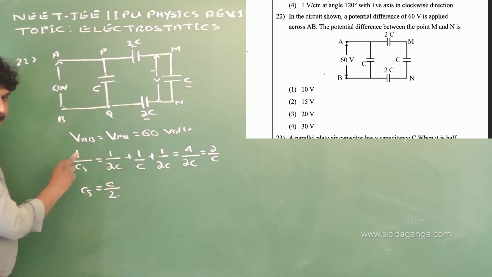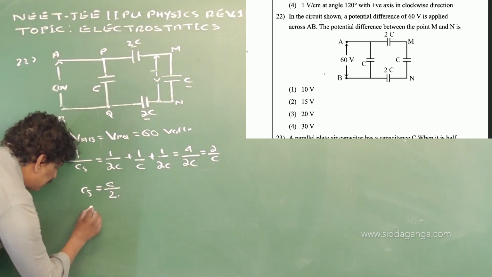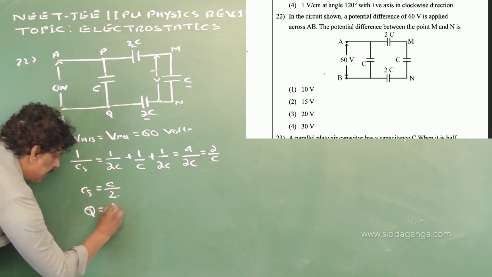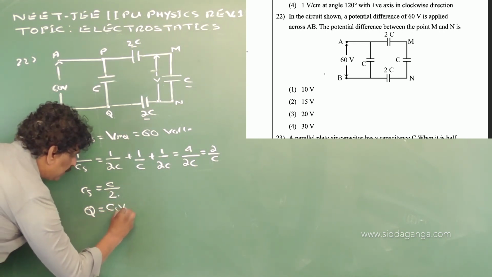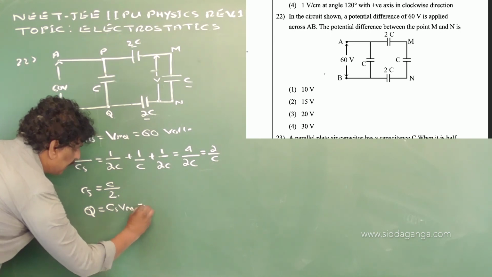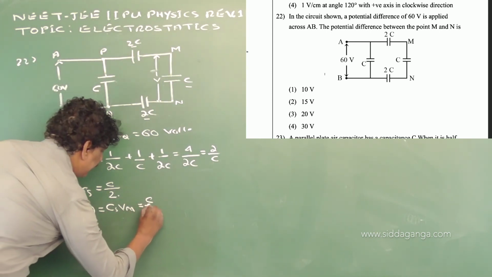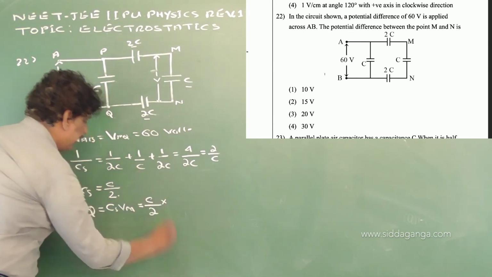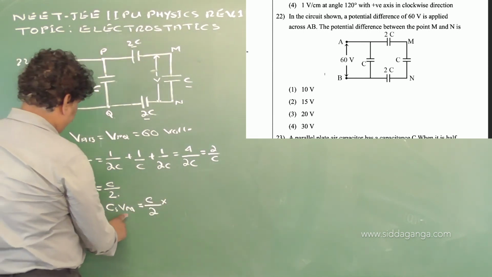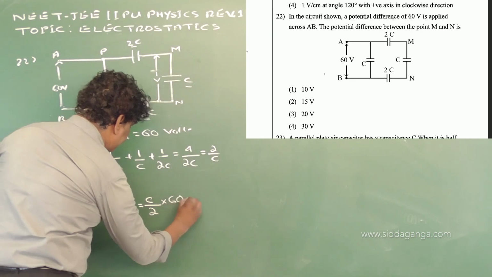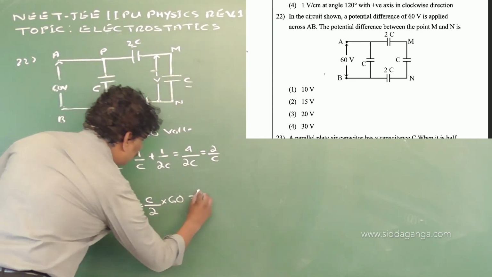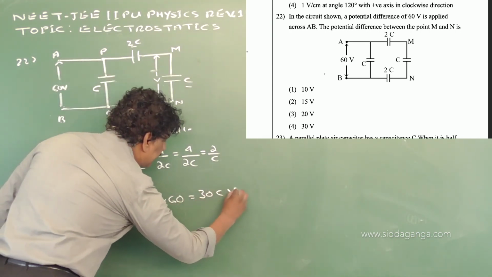Now the charge is equal to effective capacitance into potential difference across PQ. That is C by 2 into 60 volt, that is equal to 30 C volt.